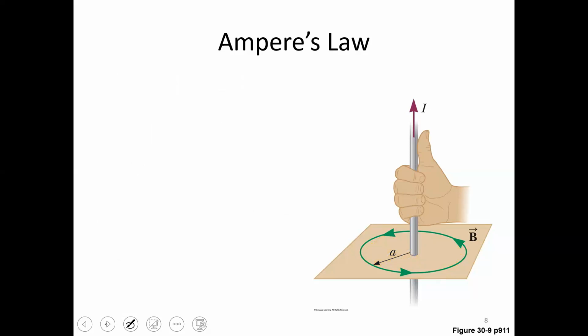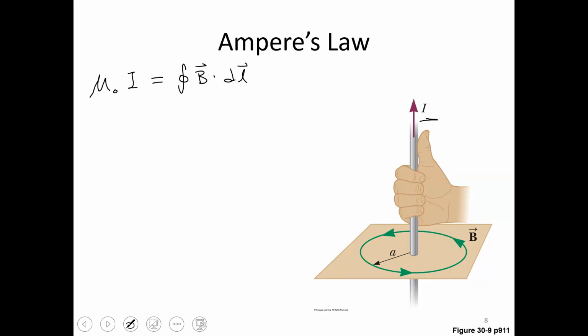If we look again at this image of a long straight wire and we choose a circular path, we have enclosed this current I. Instead of writing I enclosed, I'll just write I. We're going to do an integral that looks like B dotted with dL along this path.